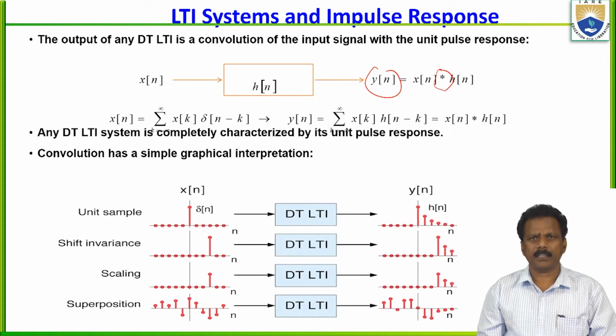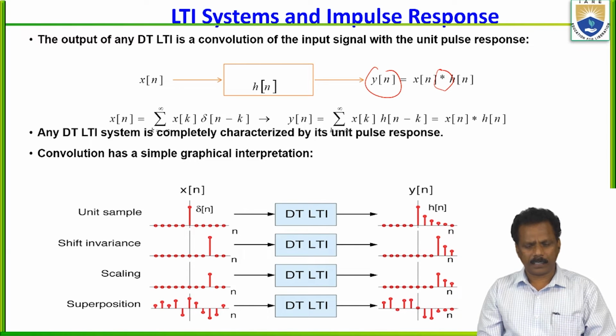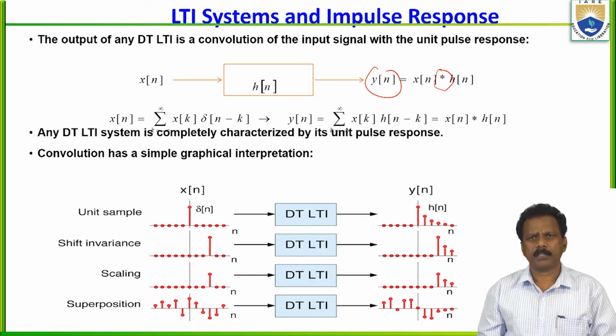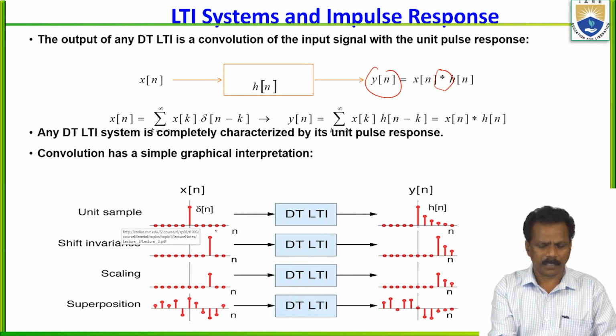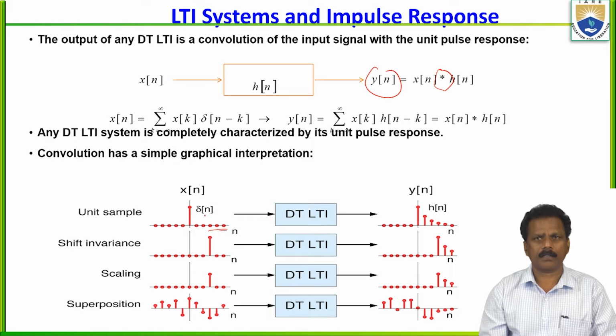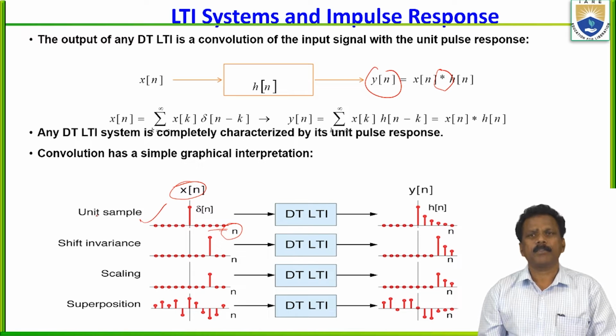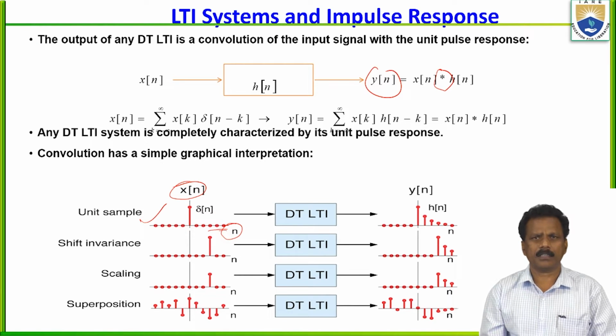Graphically, the unit sample, delta of n, plotted as n versus x of n, appears like this. That unit sample is fed to the DT LTI system.